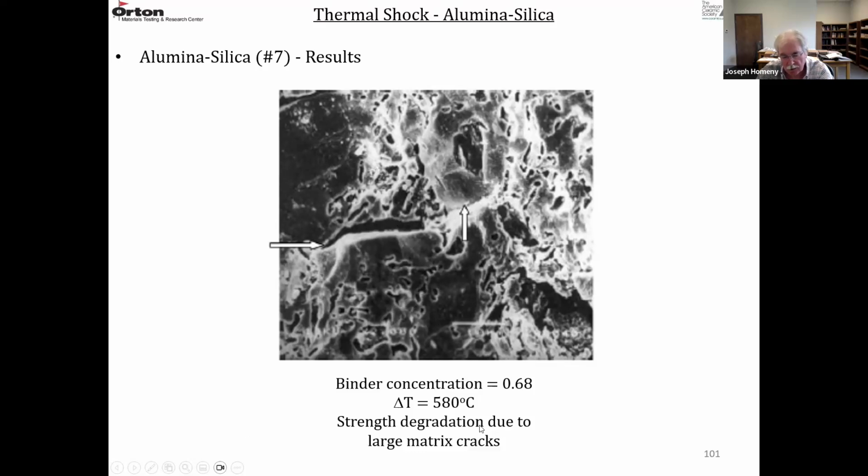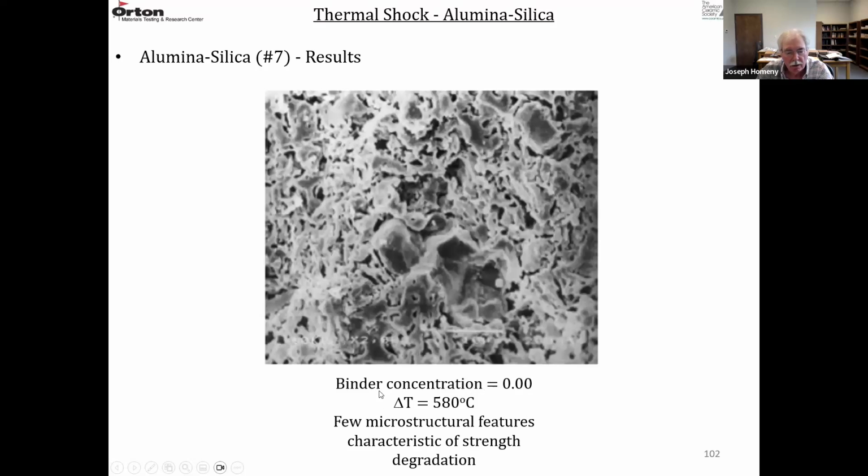So they're seeing large cracks develop where the binder concentration was the optimum at this quench temperature, 580 degrees. And then this is for no binder content at the higher temperature, 580 degrees C, and they're seeing few characteristics of strength degradation like severe microcracking.